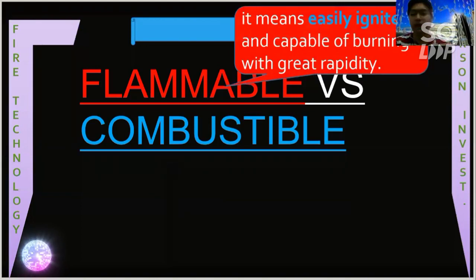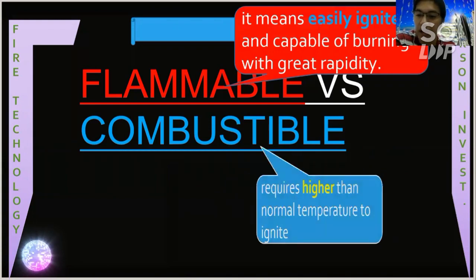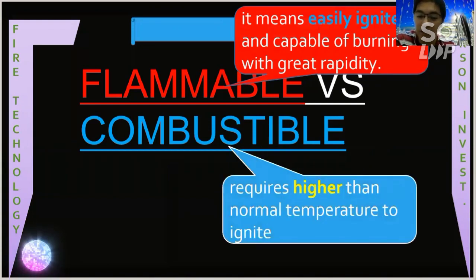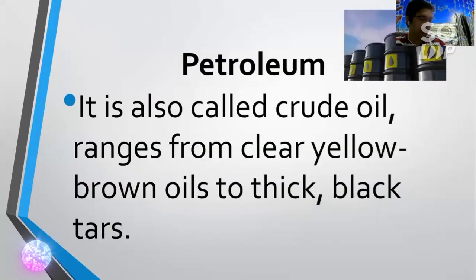Even if the temperature is low, since it is more flammable, it easily catches fire. While combustible liquid requires a higher temperature than the normal temperature for it to be ignited.